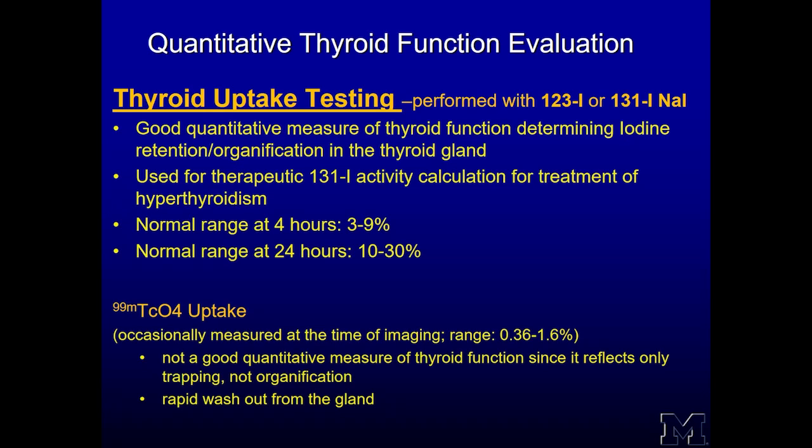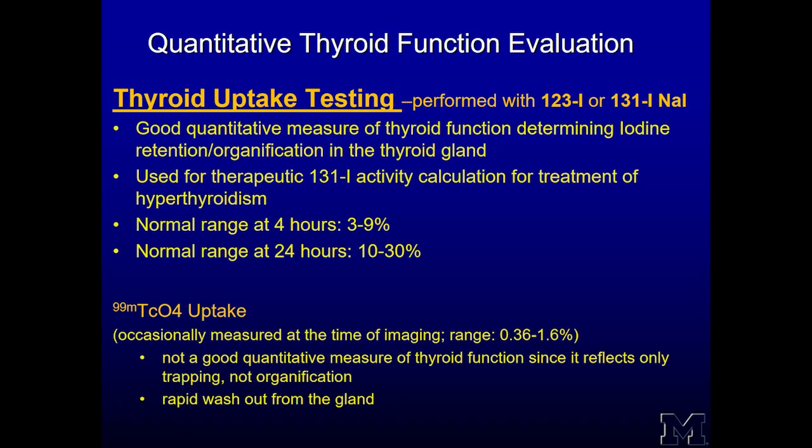So regarding the quantitative thyroid function evaluation, this is performed by thyroid uptake testing, which utilizes either iodine 123 or iodine 131 sodium iodide. This is a good quantitative measure of thyroid function, determining iodine retention and organification in the thyroid gland.